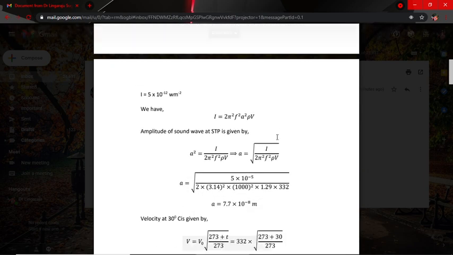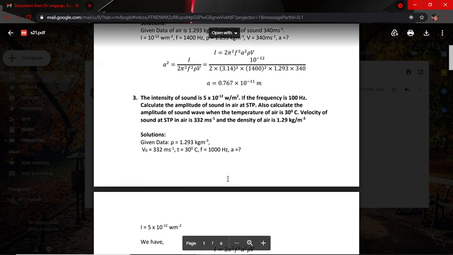Next, knowing the intensity equation, simplify it towards the amplitude: A square is equal to I by 2 pi square F square rho V. Simplifying all these things under the square root, we get A equal to these values.